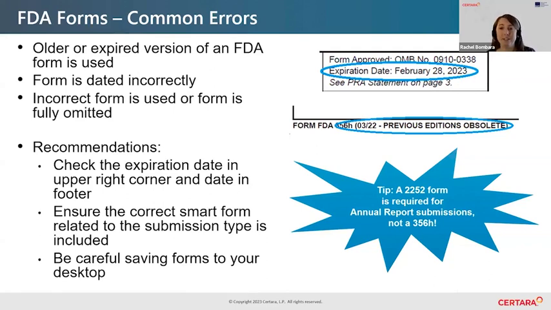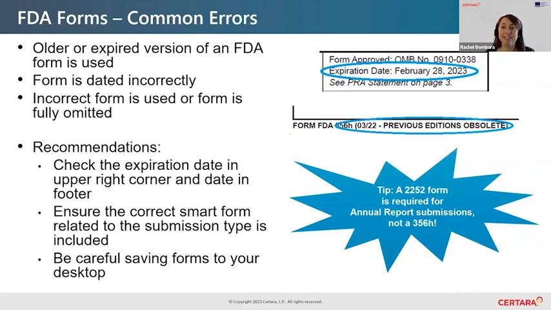So one of the ways to avoid this, especially with the expiration dates, is to check in the upper right corner what the expiration date is, as well as the footer shows the date it was issued. And be very careful when saving these to your desktop. There's lots of us that might try to save them to our desktop so we can fill it out quicker and reuse it for each sequence.